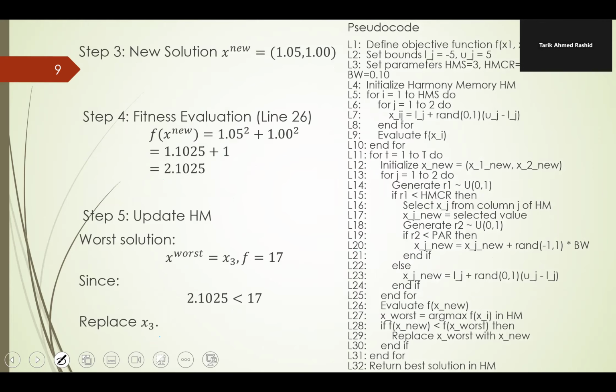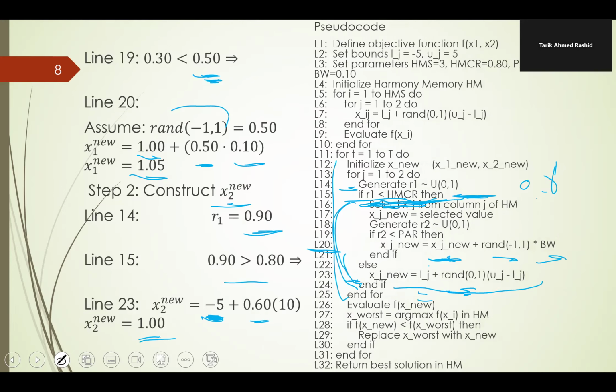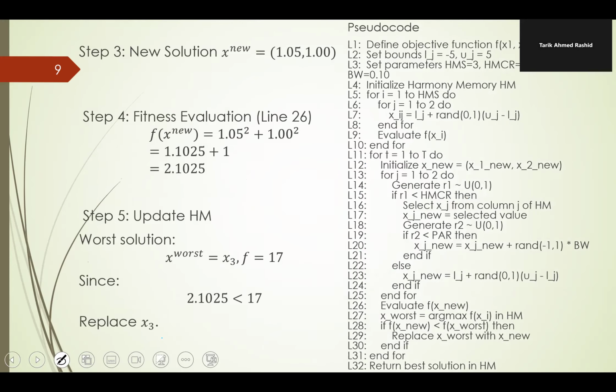Now we have two values: 1.05, which we found here, and the next value 1. Plug them into the fitness function, which is x1 square plus x2 square, and we get the fitness 2.1025. This is far less than fitness 17, which is x3.